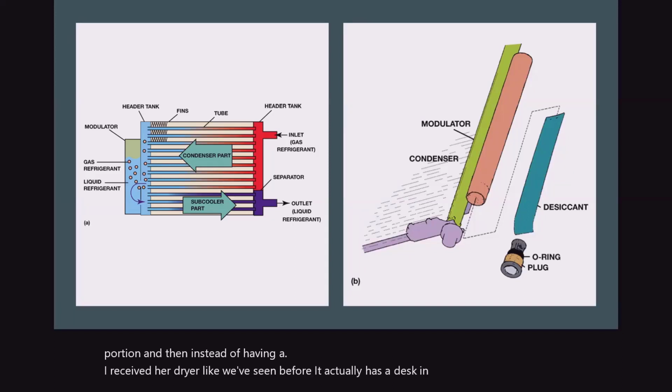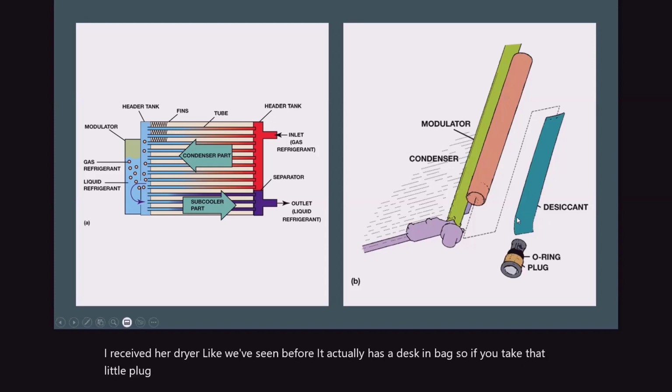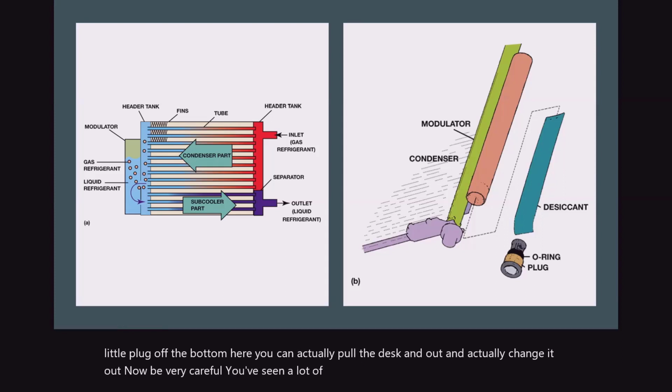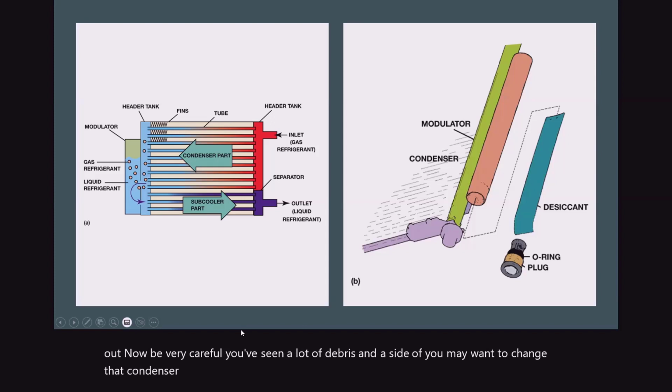If you take that little plug off the bottom here, you can pull the desiccant out and change it out. Now, be very careful. If you've seen a lot of debris inside of this, you may want to change that condenser, because again, those channels are pretty small, the little tubes. Depending on which one you have, it could be fairly small.